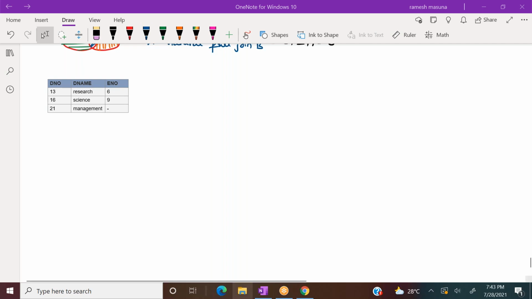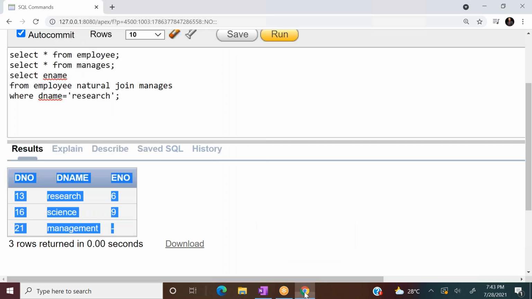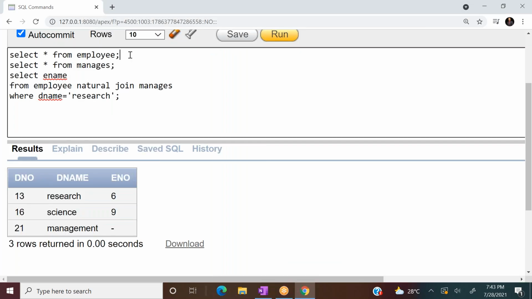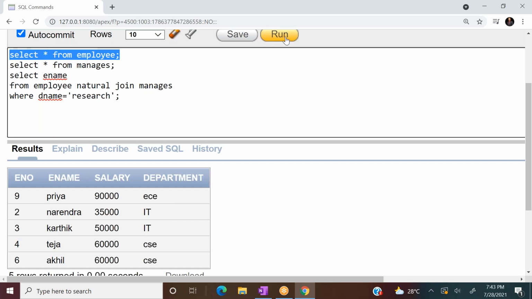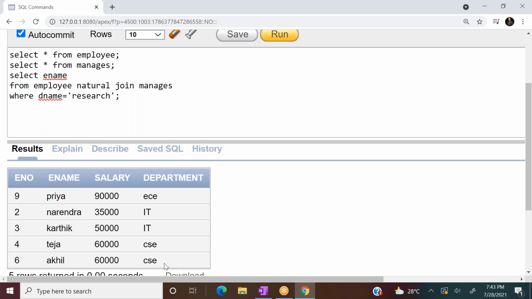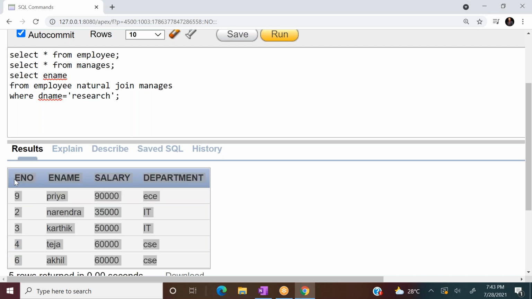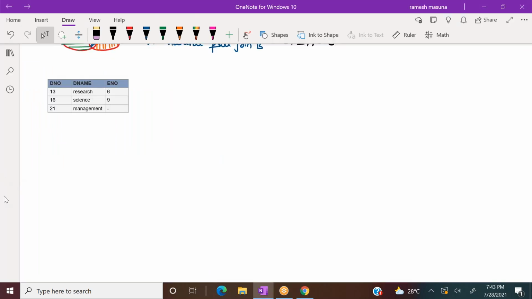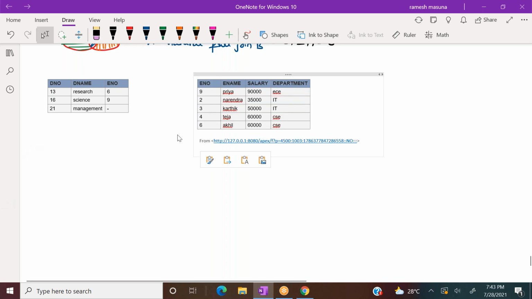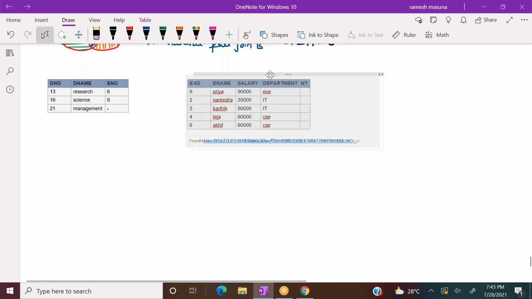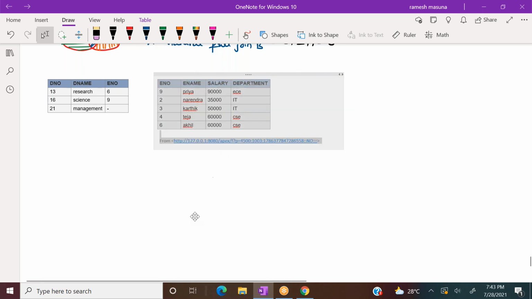Okay, then I will copy both the tables here and show you. Yeah, this is the employee table.